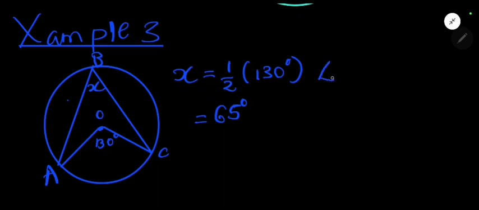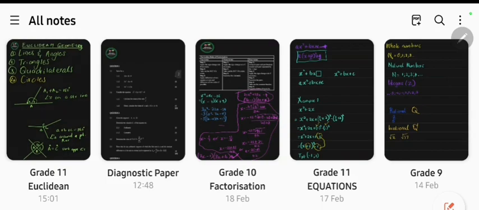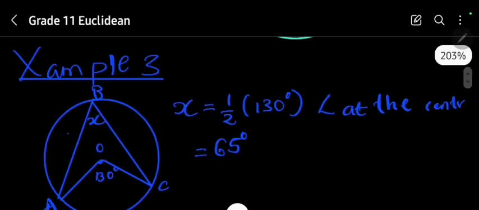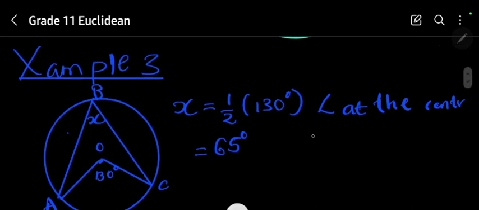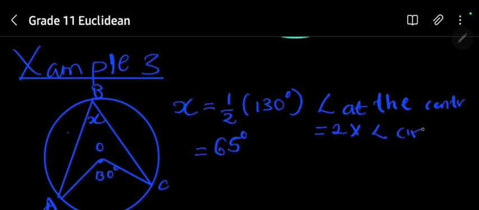And then what is our reason, guys? Our reason is going to be angle at the center is equal to 2 times bigger than the angle at the circumference.